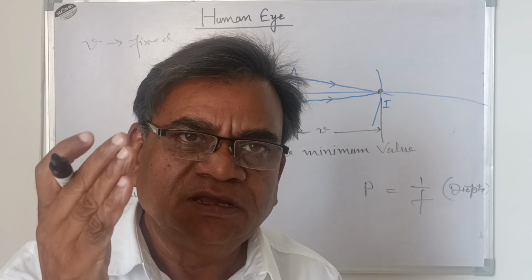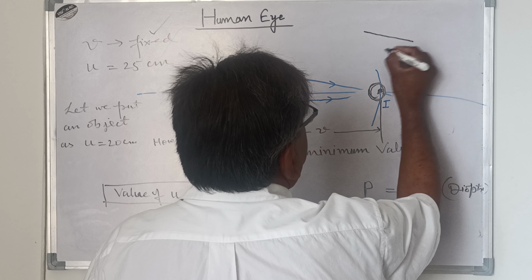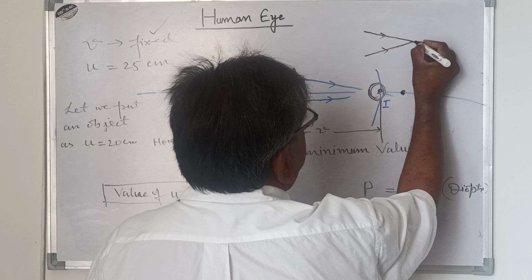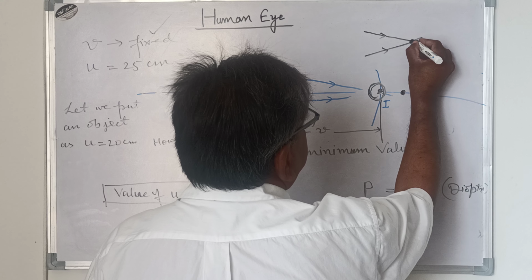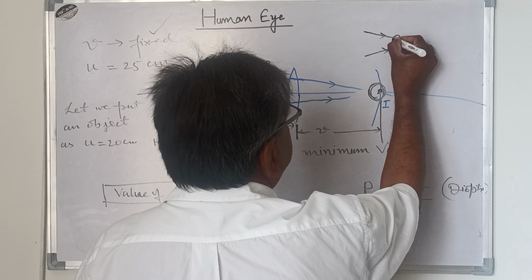Here is the point image, here is the retina for this object. This will be very blurred at the retina. So the image will not be sharp because the refracted rays are coming and cutting here. The sharp image is here, but what about the retina?